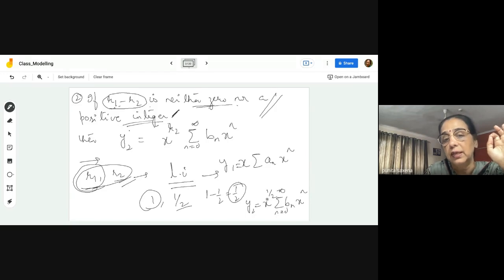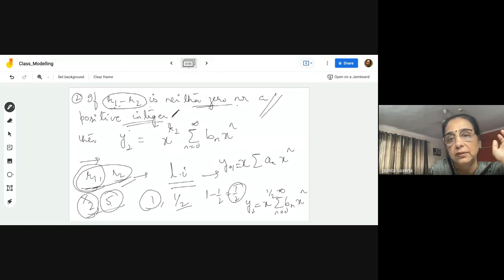But had my roots been 2 and 5, no. Definitely it will exist for 5, but I cannot say for sure that I will have a series of the form x squared summation b_n x^n as well. But I will definitely have a series of the form x to the power 5 summation a_n x^n.